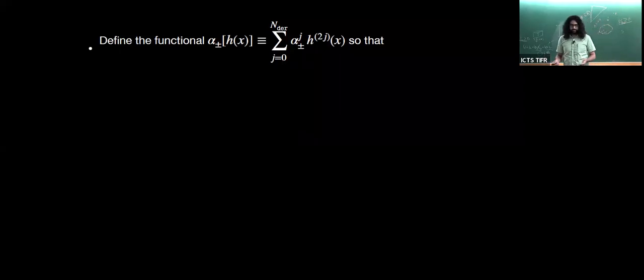The way we do it is by using functionals, but let me first make a comment. The crossing equation is nothing but an infinite set of linear equations for an infinite number of variables. One way to solve such an equation would be to sample it at random values of the cross ratio.